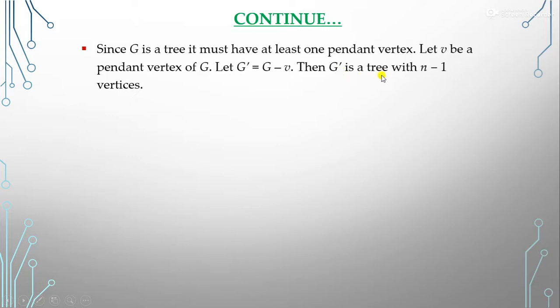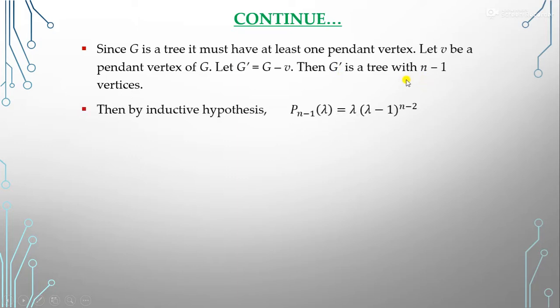G dash is a tree with n minus 1 vertices, because one vertex is removed. So by the induction hypothesis, we put n minus 1 in place of n. So P(n minus 1) of lambda is equal to lambda, lambda minus 1 raised to the power n minus 2.